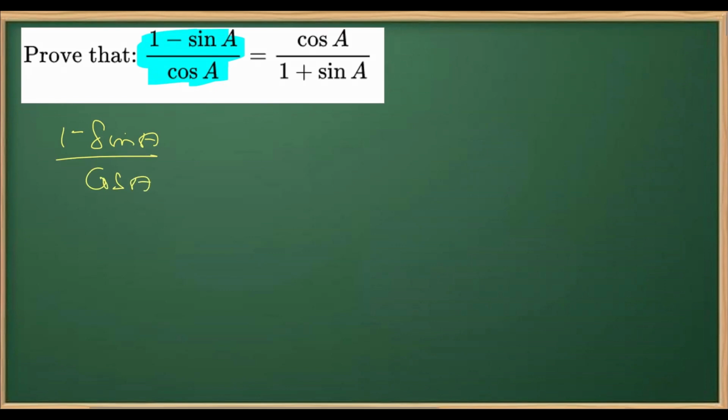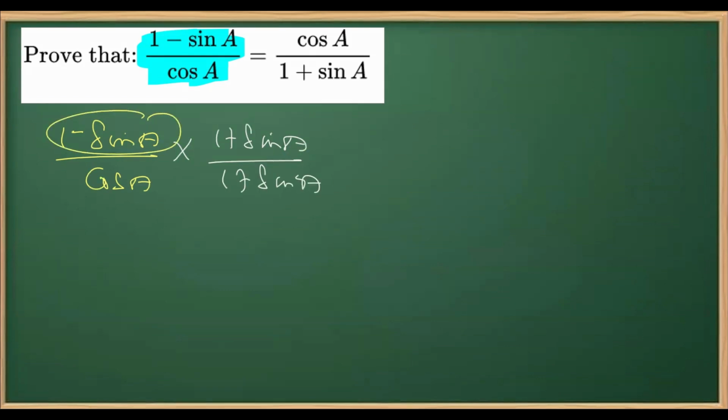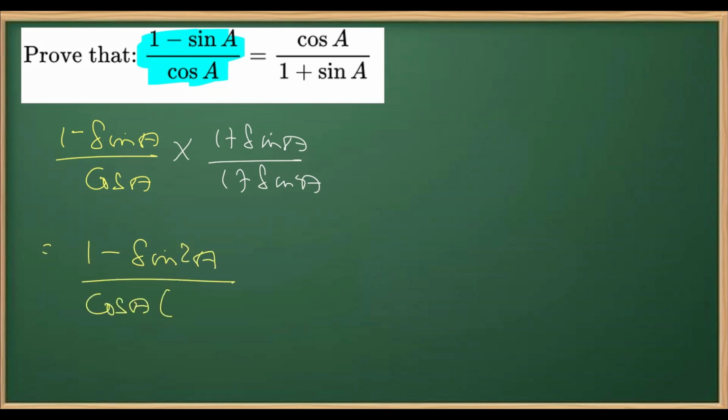And as I said, if I multiply and divide by 1 plus sine A. Now check here, this is applying A minus B into A plus B is A square minus B square. That is A square, which is 1 square, is 1 minus sine square A. And below you can see that this is cos A. We generally do not open the brackets of the denominator.